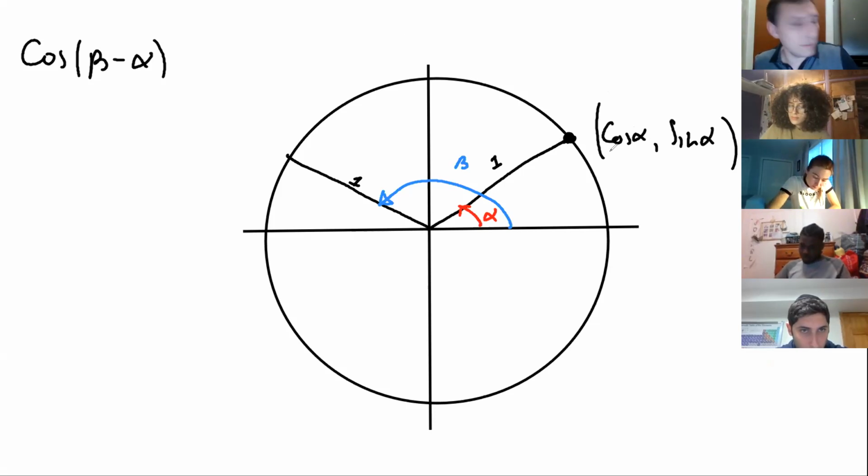That's why we spend this time describing this point, right? Now, tell me, the second point is, what's the coordinate of that second point? Exactly, cosine beta, sine beta. Everybody sees it? Grant, you see it?